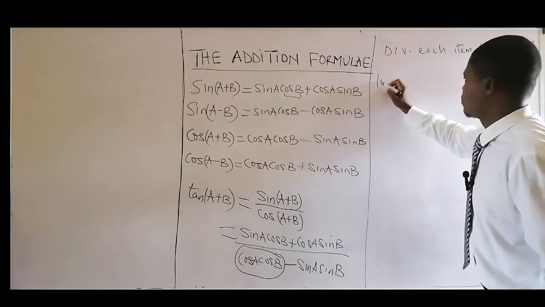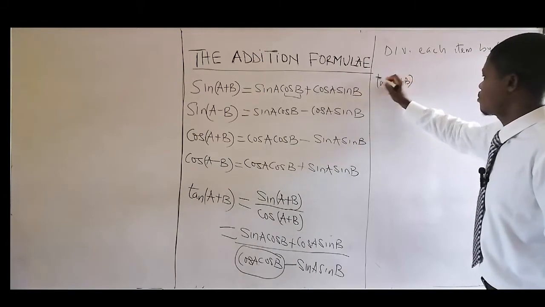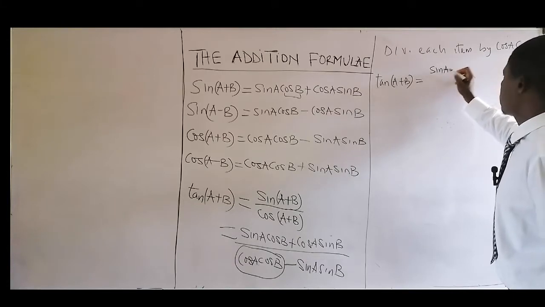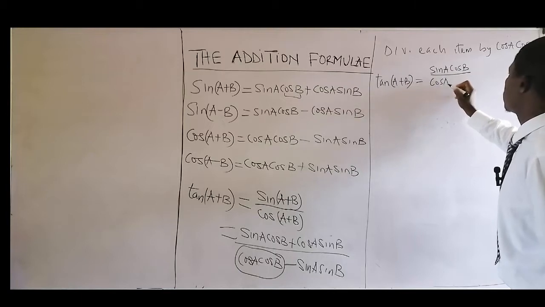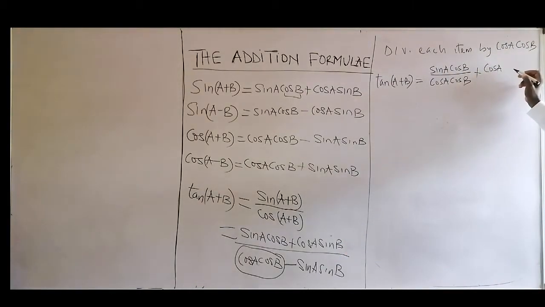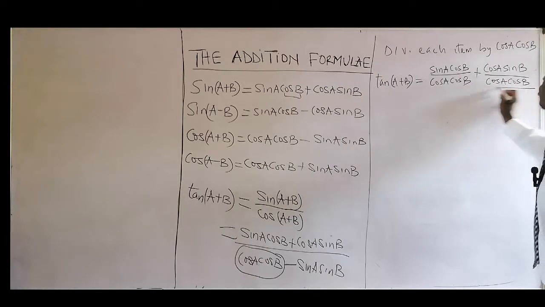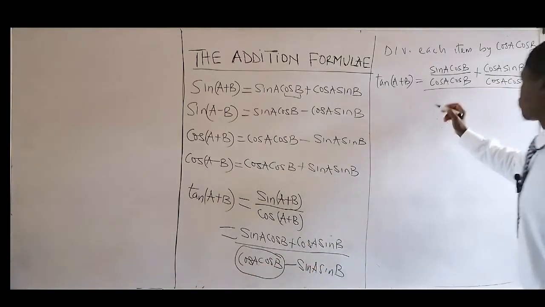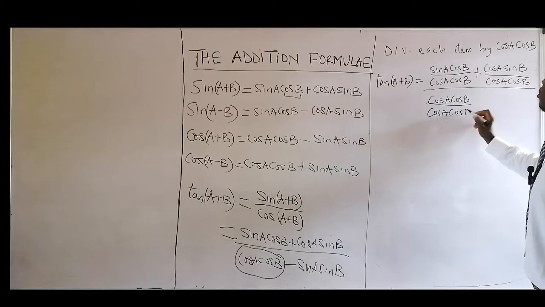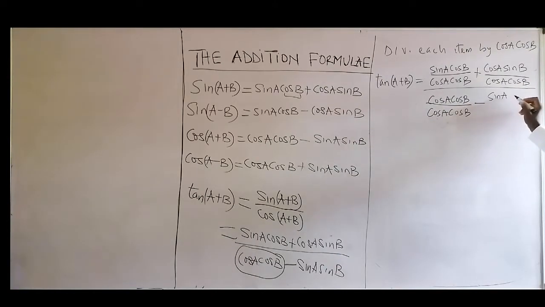So that will be tan A plus B equal to sine A cos B all over cos A cos B, then plus this one, cos A sine B all over cos A cos B. Then we have here cos A cos B divided by itself, then minus sine A sine B all over cos A cos B. So this is what we have now.